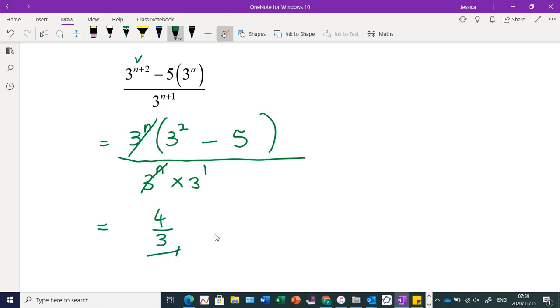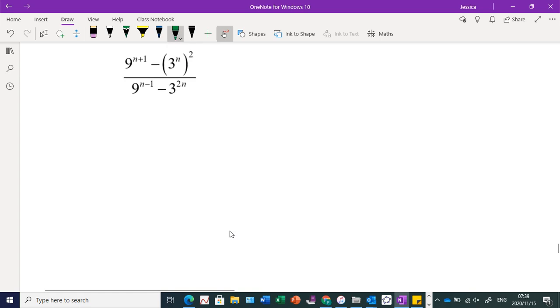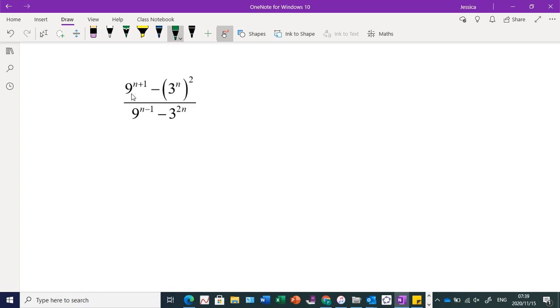Okay. And then the very last one, it's a similar idea, but maybe slightly more complicated. What I'm going to do first here is change all of these to prime base of 3. So I get 3 to the 2, to the power of n plus 1. This is minus 3 to the 2n.